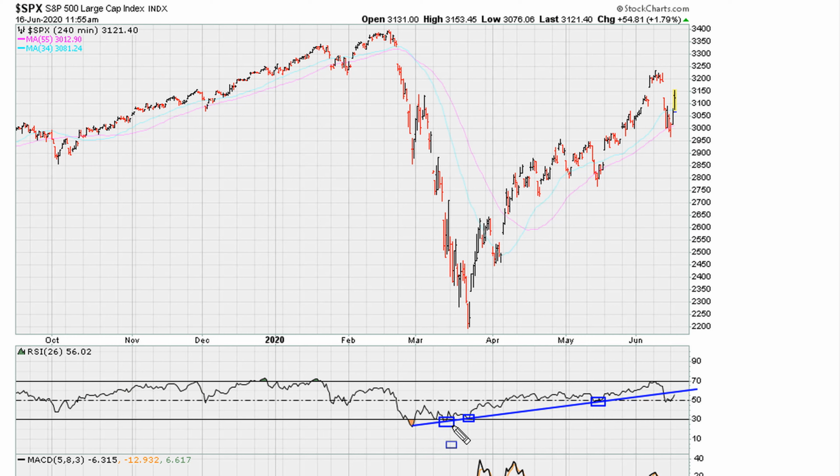And what's happening right now is we've come to the underside of that line. We can also see that we can extend it out this way. But what I'm trying to say is we've come to the underside of that line. That line might turn into resistance.